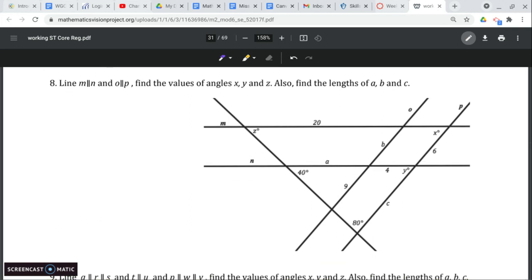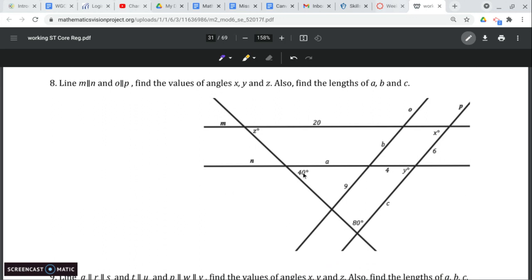All right, so first and foremost, we use what we know about all the different theorems. So alternate interior angles, same side interior angles, supplementary angles, linear pairs, complementary angles, vertical angles, all these different theorems. So theorems is your keyword for this lesson, to take and work through finding these missing parts.